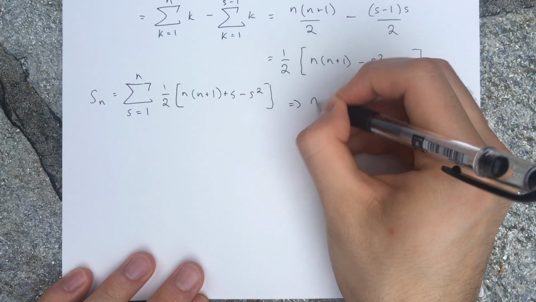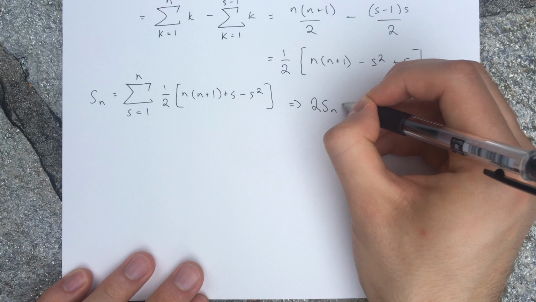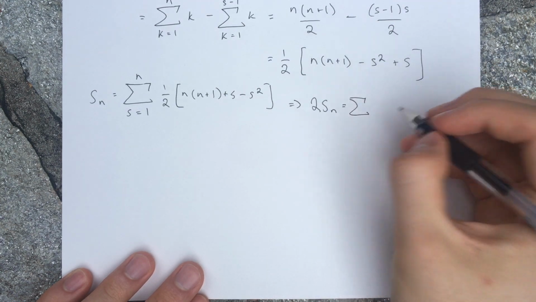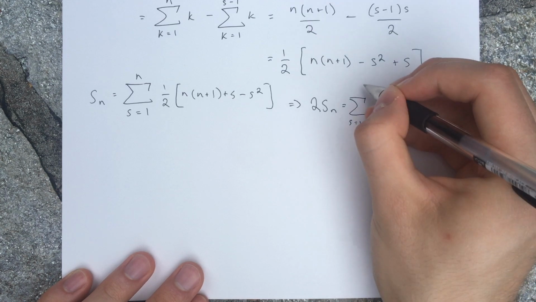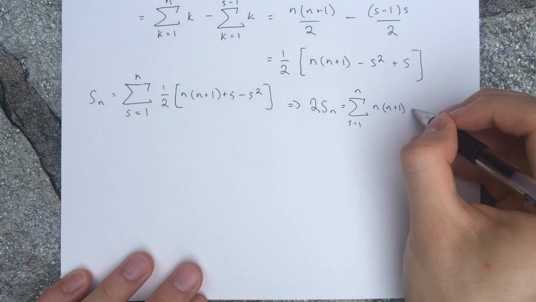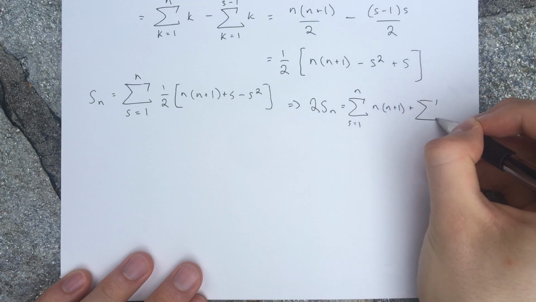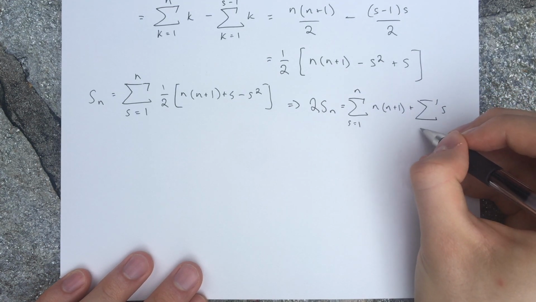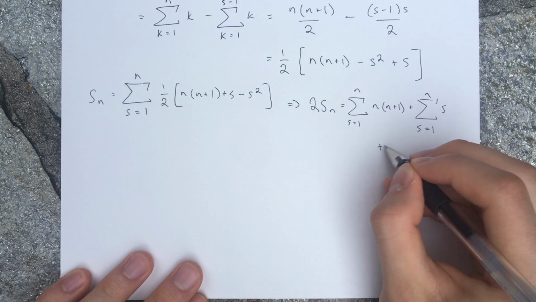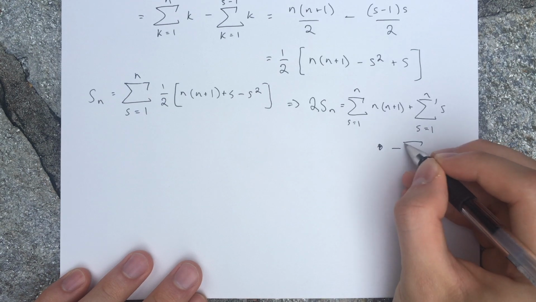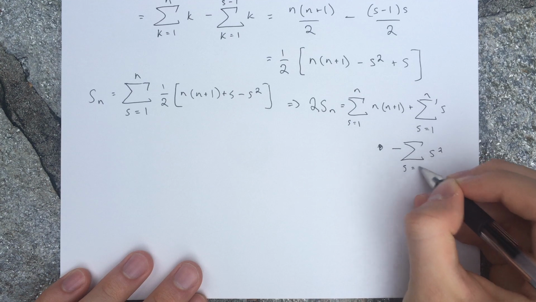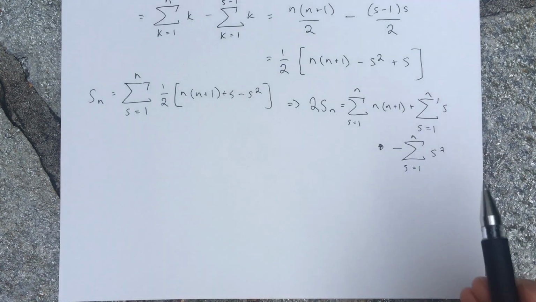So that tells us that 2Sn is equal to the sum s equals 1 to n of n times n plus 1. Then we have plus the sum of s equals 1 to n of s, minus the sum of s squared from s equals 1 to n.